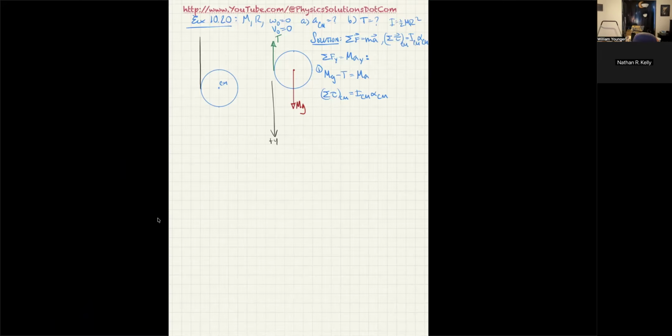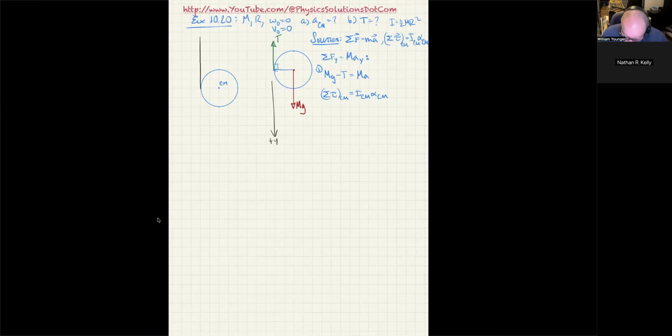In this case, we have the weight mg acting at the center of mass, so the lever arm for it is 0. That means there's no torque as a result of the mg, but there's definitely a torque as a result of the tension. Once you draw the lever arm, you can see that the lever arm is in fact perpendicular to the force.